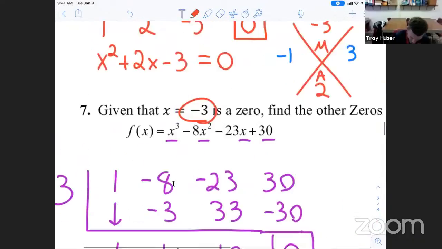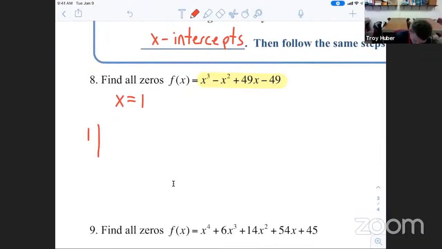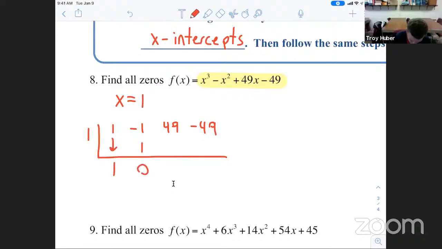Now it's just like this problem right up here. So we put 1 on the outside of our synthetic division hut. We have 1x to the third, negative 1x squared, 49, and then negative 49. Bring it down, multiply. Add them together, multiply. Add them together, multiply.